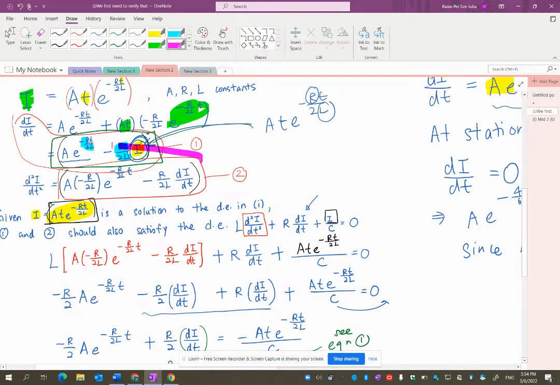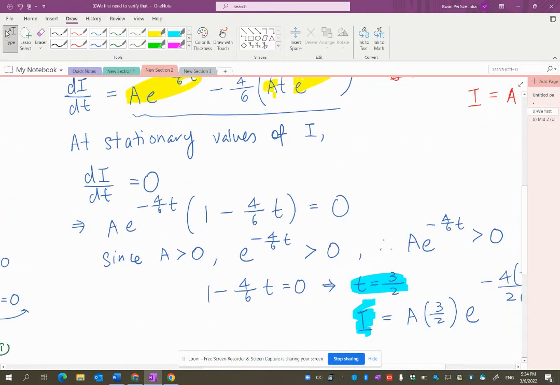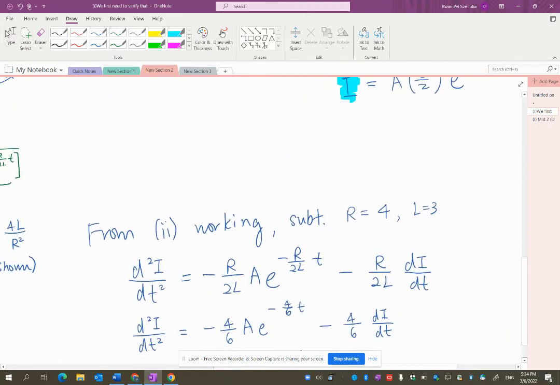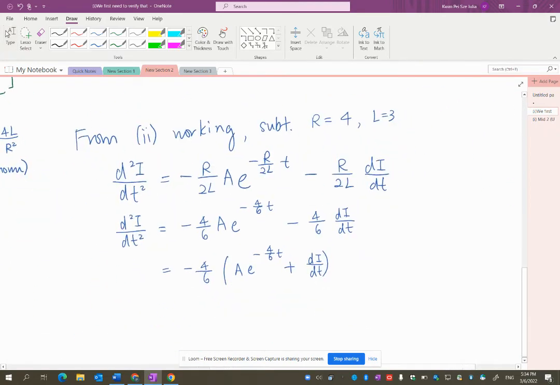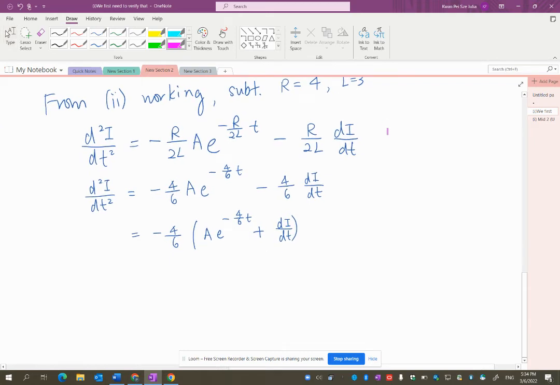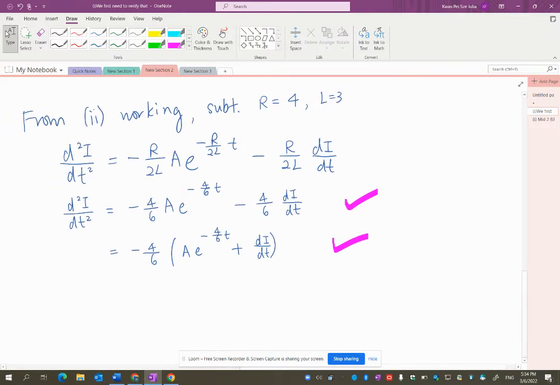We just need to pull this out and substitute R to be 4 and L to be 3. So we get this. After that, we can further simplify by taking out the common term, which is minus 4 over 6. So this is our second derivative when R is 4, L is 3.